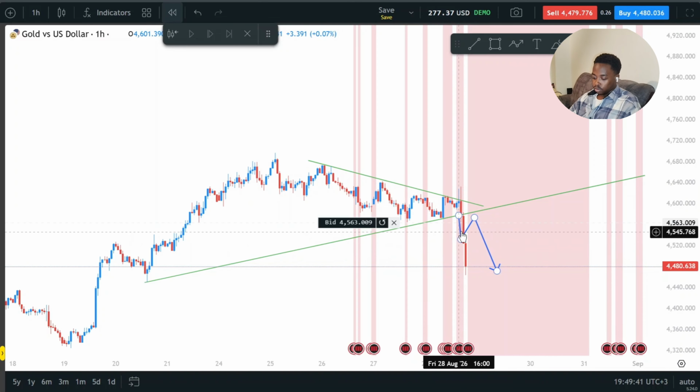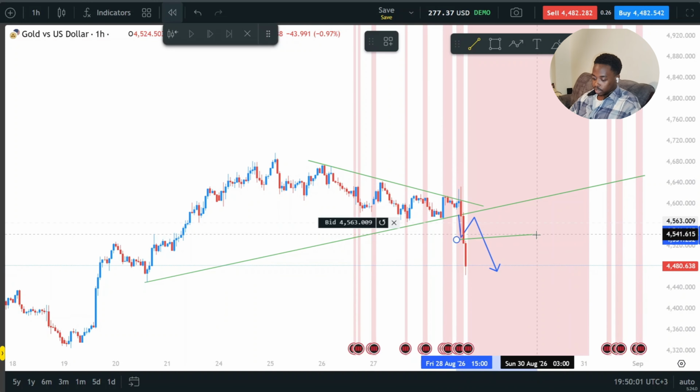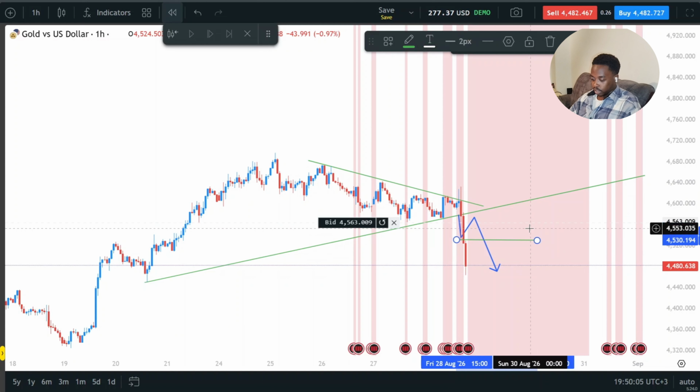This area that it has found support should be your entry zone once it traces back to that point. So here you will have made some small profit. If it took you out, you still have a chance to go back in once the price crosses this support level that has just been formed right here, and then it continues on an explosive move downwards or upwards depending on your trade.